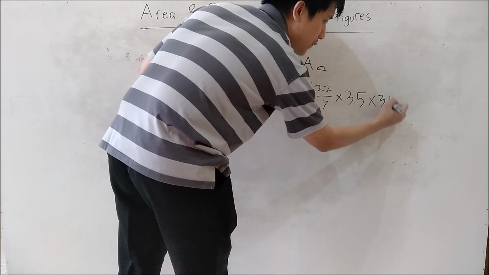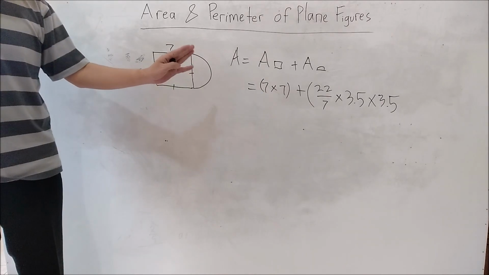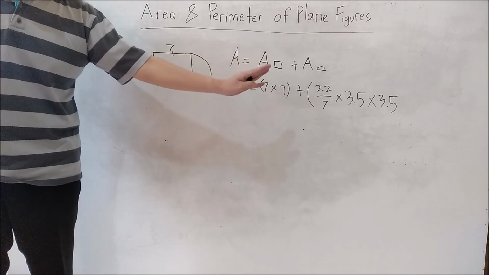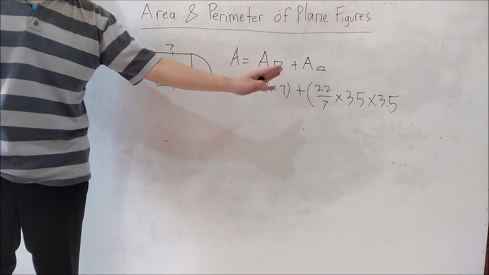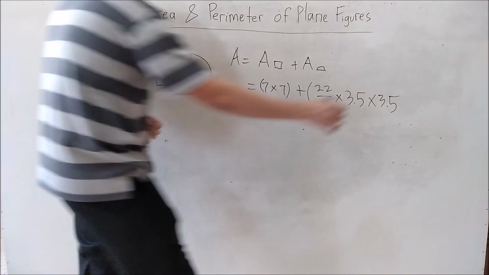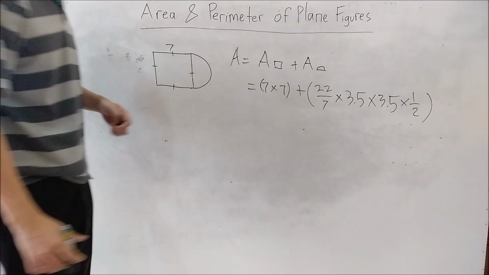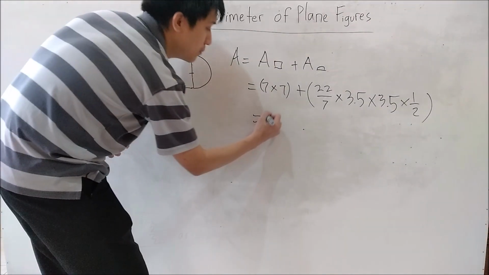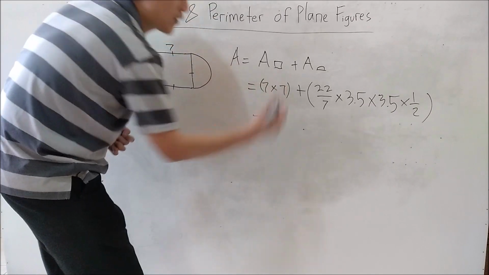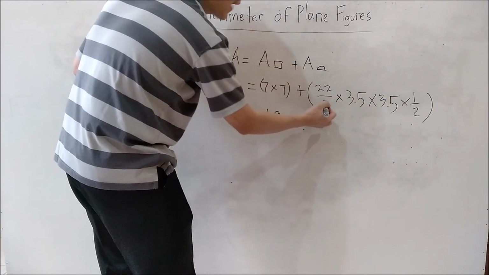22/7 times 3.5 times 3.5. However, that is only one circle, and here we have a semicircle, so we have to times half. Then we will just count this out. It will be 49 for the area of the square, while the semicircle will have this.